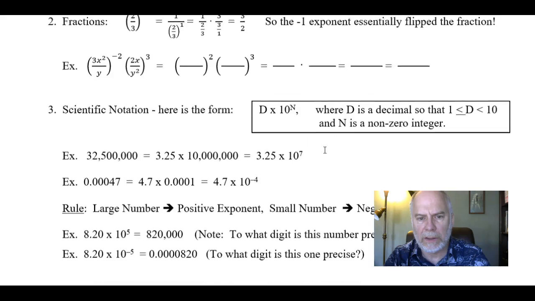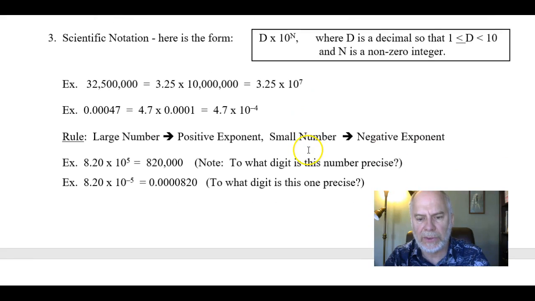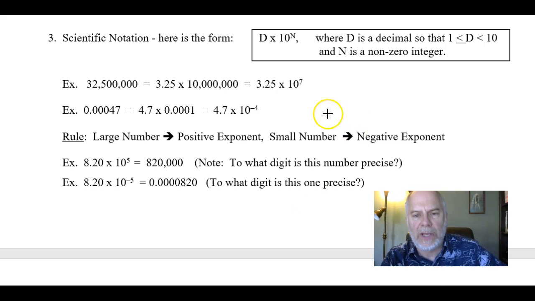And then one of the applications to negative exponents is scientific notation. Scientific notation must use the form, the only form you use for scientific notation, a decimal number between 1 and 10 times 10 to some power.